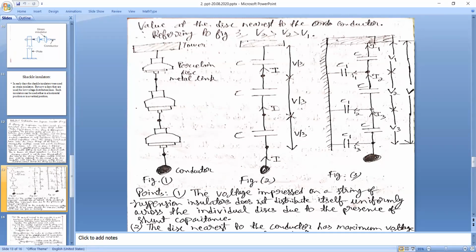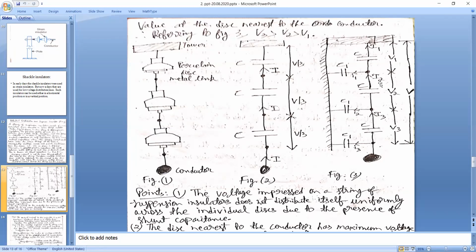Then when this capital I3 arrives at the middle metal link, how many paths emanate from the middle metal link? Two paths. One goes up through the middle capacitance C, through which current capital I2 goes, and the other path goes through the middle shunt capacitance C1, through which current, suppose, small i2 goes.